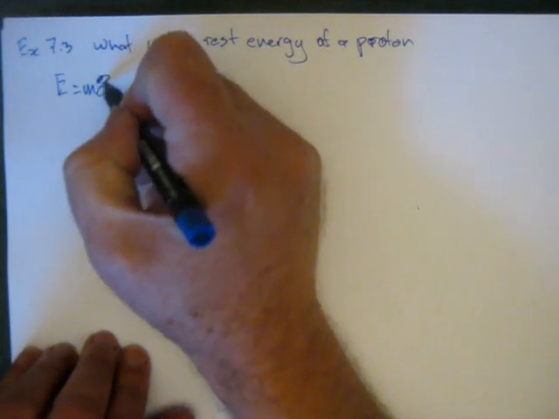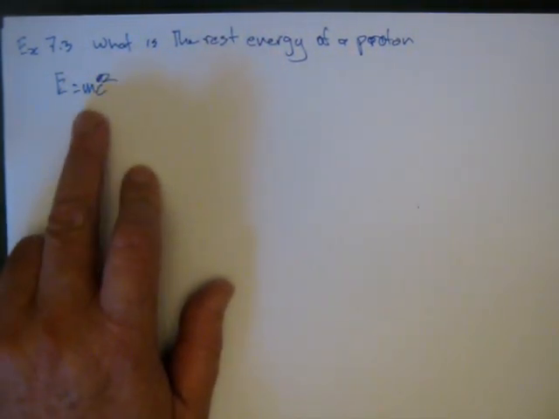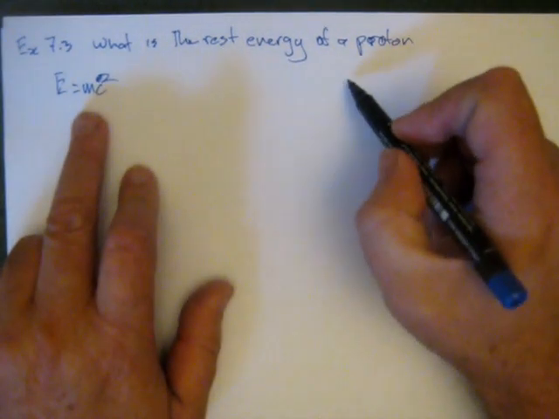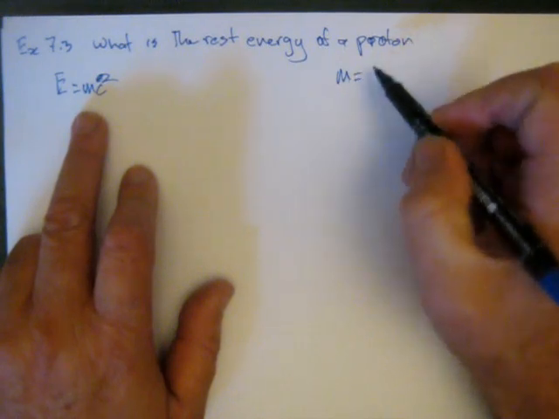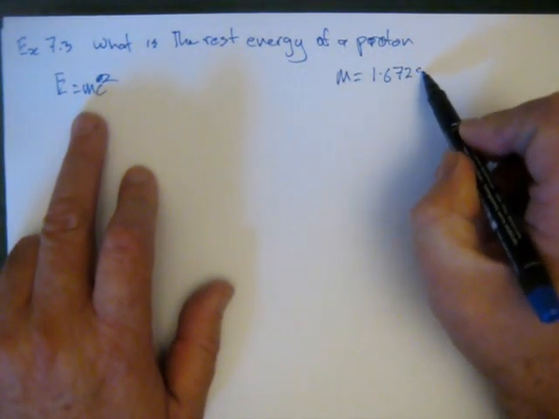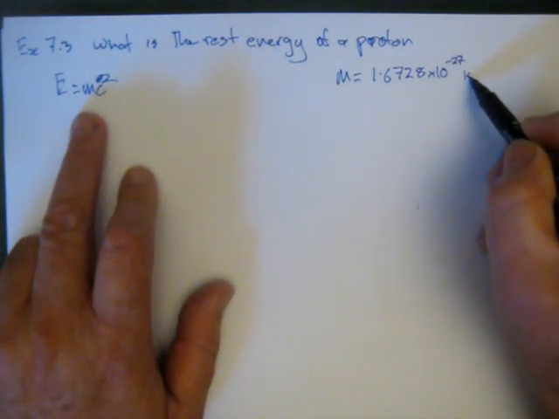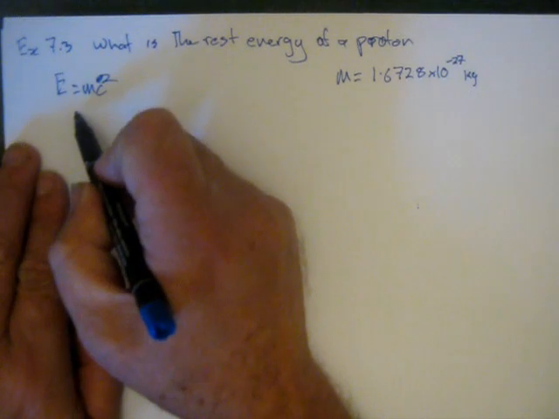That's going to be our equation. We know what the speed of light is, so we need to know the rest mass of a proton. That should be on your formula sheet. The mass of a proton is 1.6728 times 10 to the negative 27 kg. So we just plug that into our formula.